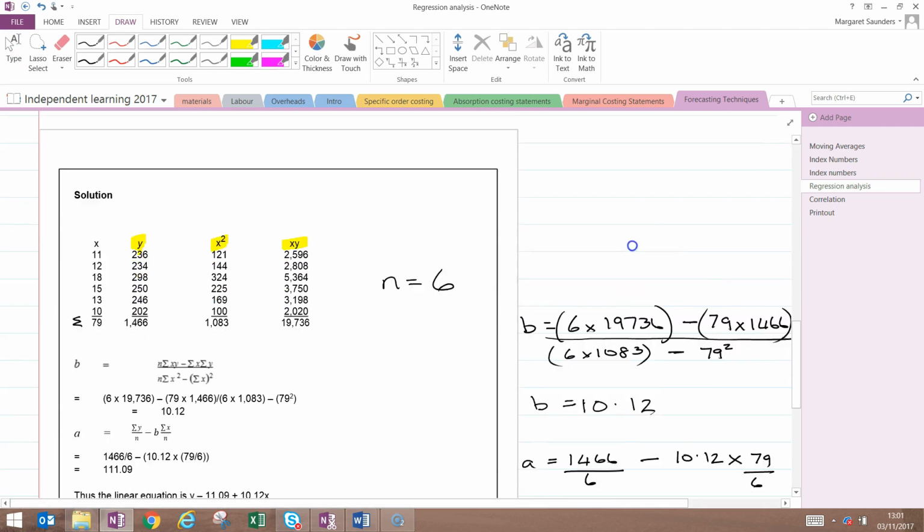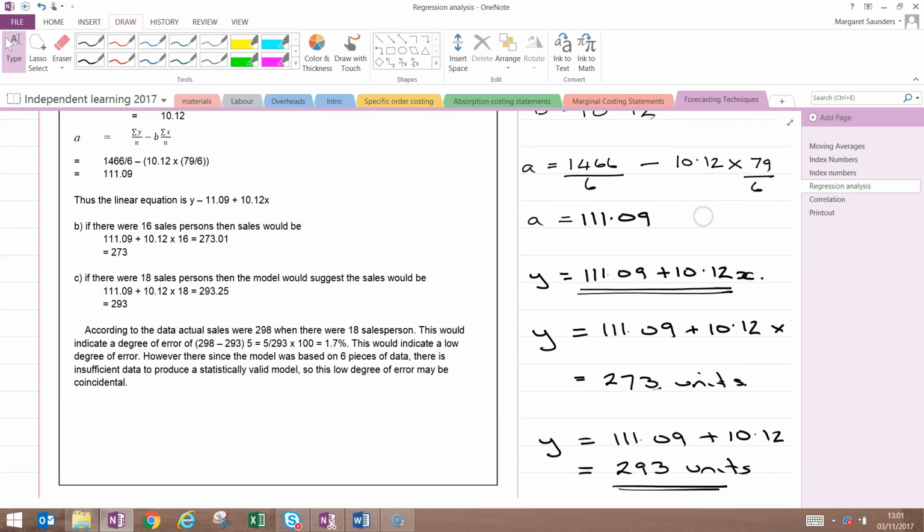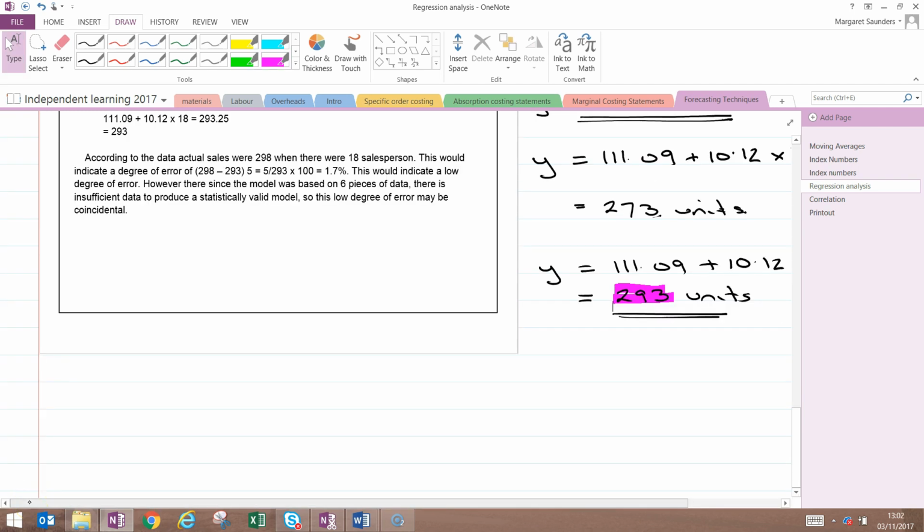Although, according to our model, with 18 salespersons, we would make 293. So there is a degree of inaccuracy. A reason for this inaccuracy could be that we've based this model purely on 6 pieces of data. That really is insufficient data to use to produce a valid model to use for forecasting. Ideally, we'd want at least 20 pieces of data.